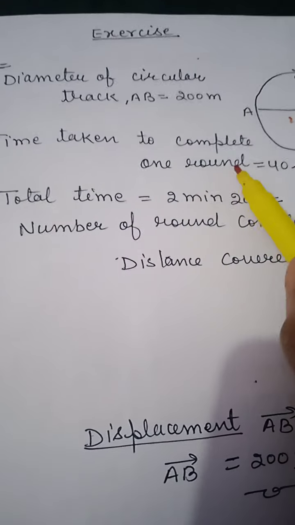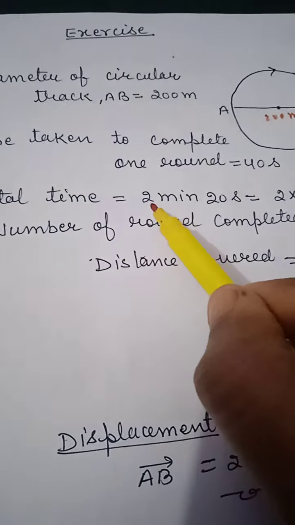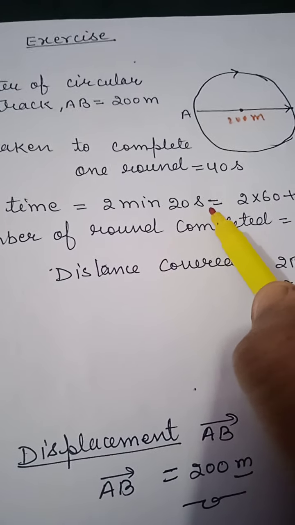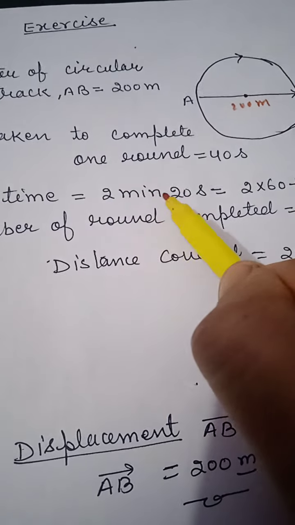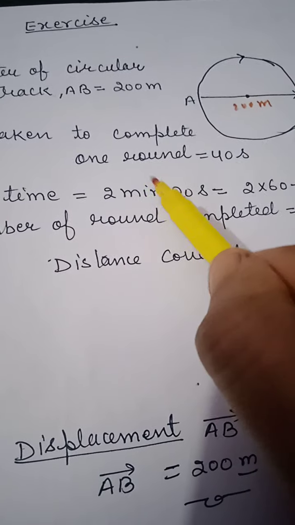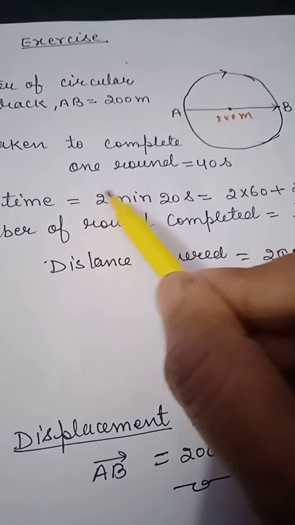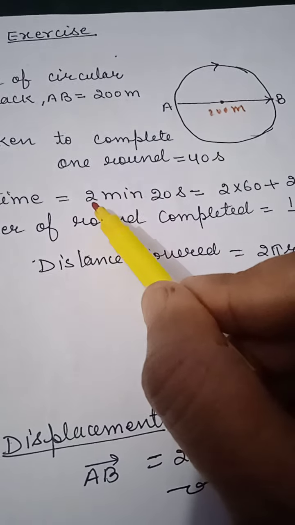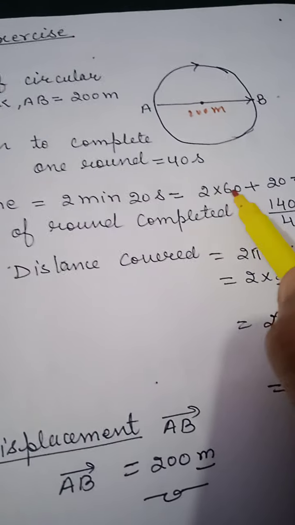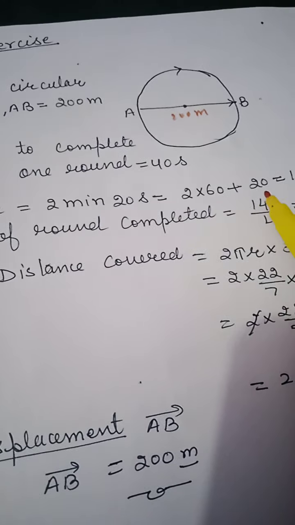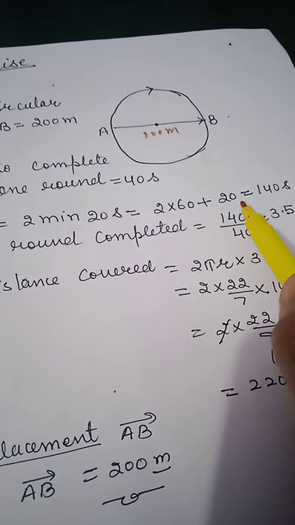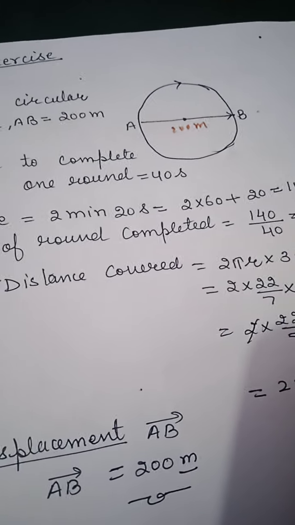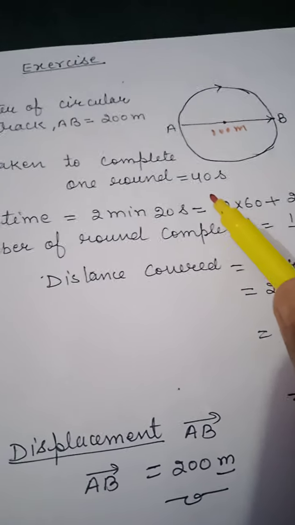Total time is 2 minutes 20 seconds. First of all we have to convert minutes into seconds. 1 minute is equal to 60 seconds, so 2 into 60 plus 20 seconds, that is 120 plus 20, 140 seconds. This is the total time.